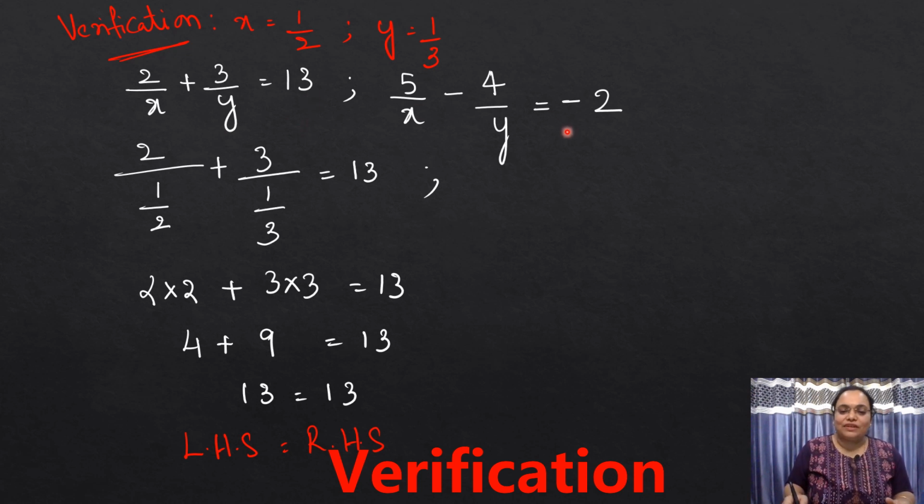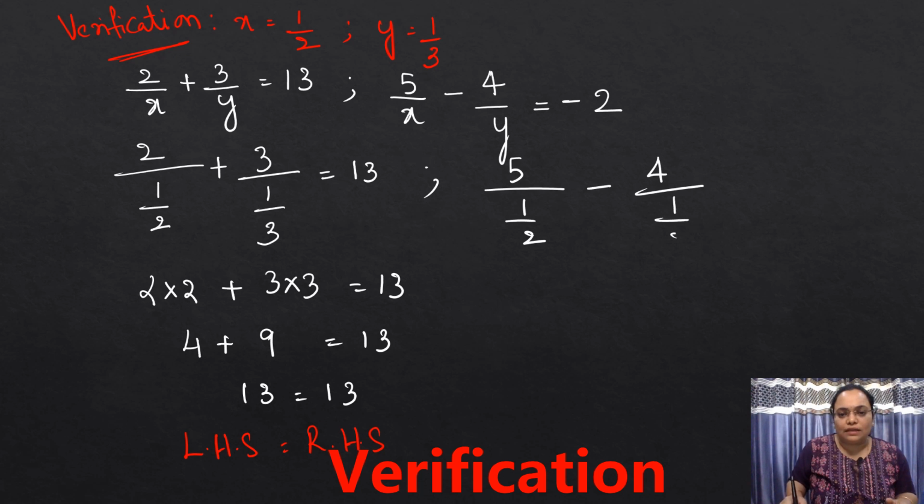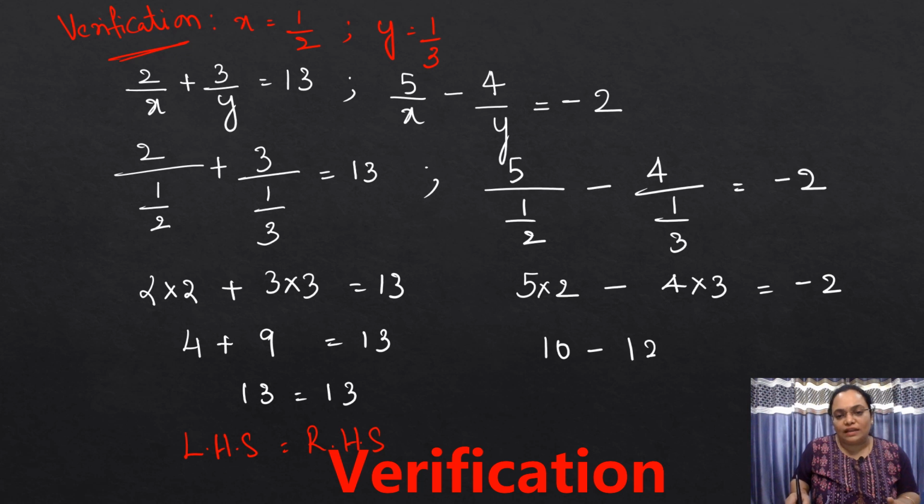Now let us see for the next equation. 5 by 1 by 2 minus 4 by 1 by 3 is equals to minus 2. So this becomes 5 into 2 minus 4 into 3, which is minus 2. 10 minus 12 is minus 2 is equals to minus 2.